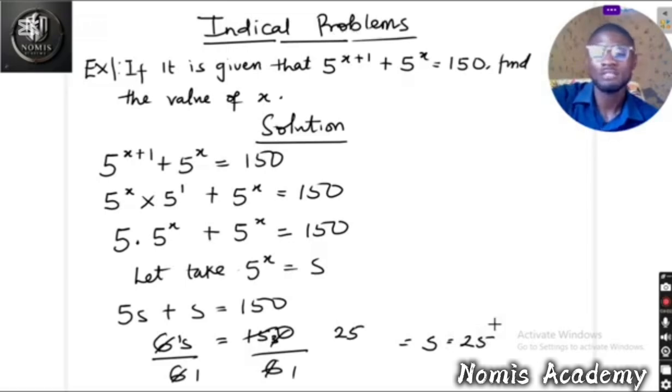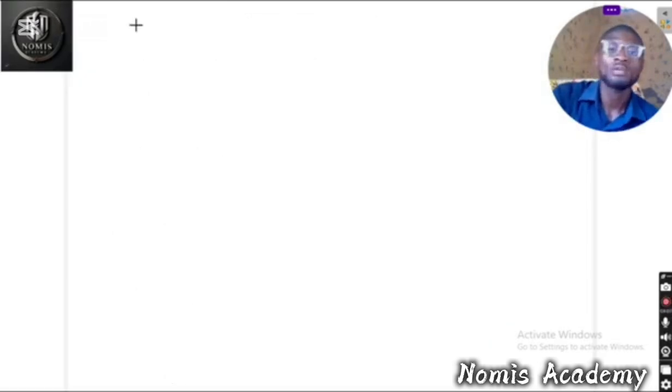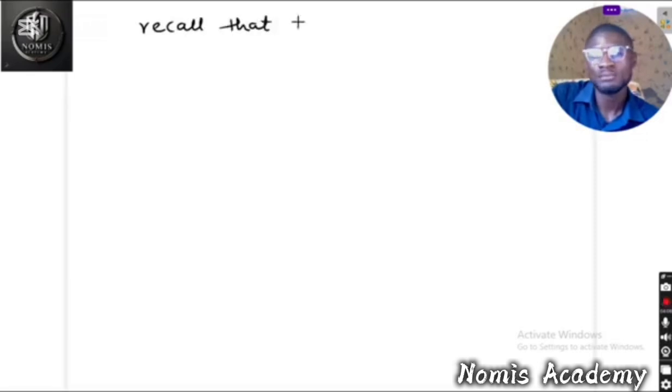So now that I've gotten the value of s, I will need to recall that 5 raised to the power of x is equal to s. And now that s is equal to 25, I will have to make 25 look like something I can compare with 5 raised to the power of x.